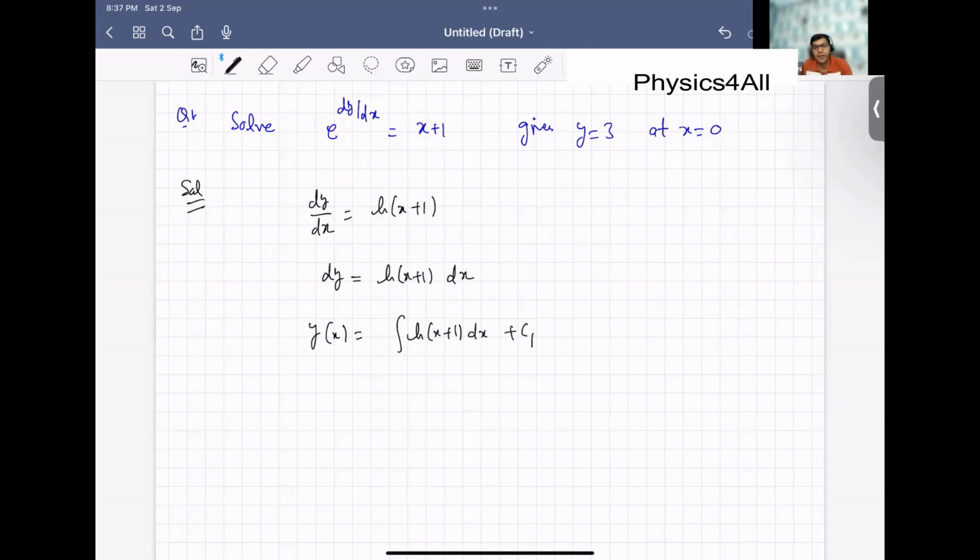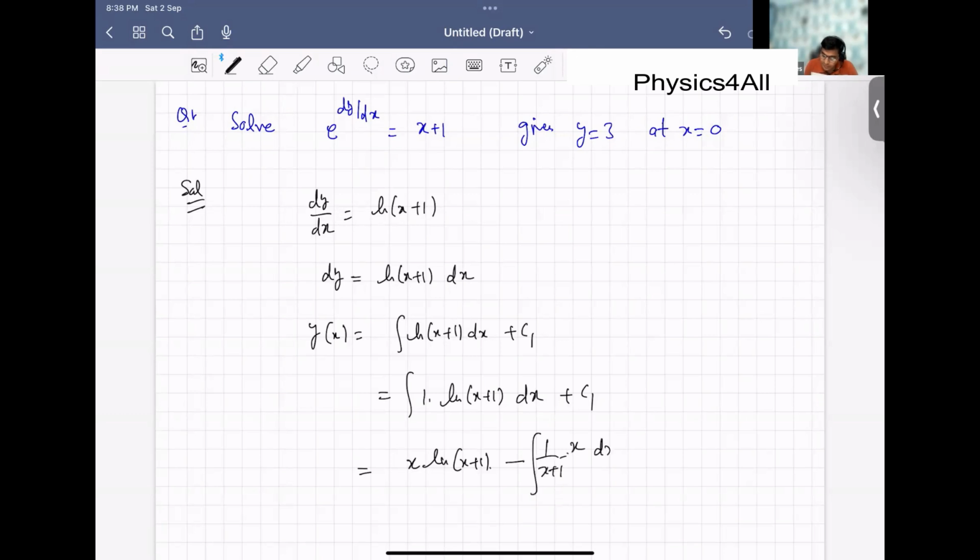So how do you integrate ln(x plus 1)? Either you do it by parts, considering 1 into ln(x plus 1) dx plus c1. Taking the first function as it is, times the integration of the second, which is x, minus the differential of the first, which is 1 over x plus 1, times the integration of the second, which is x.